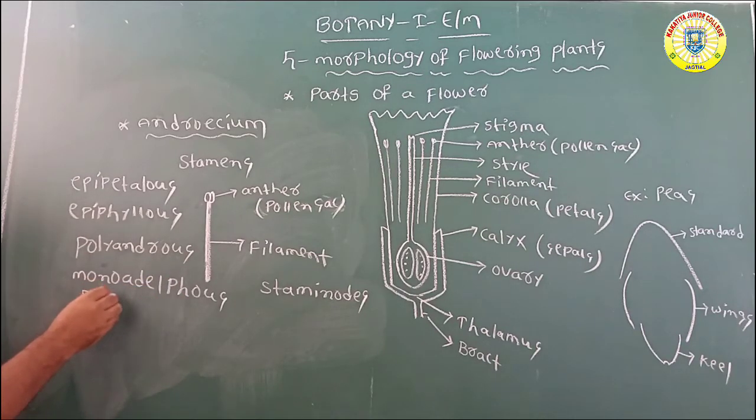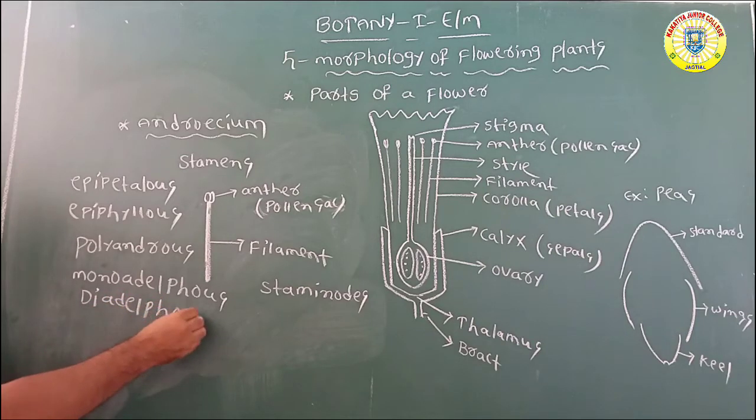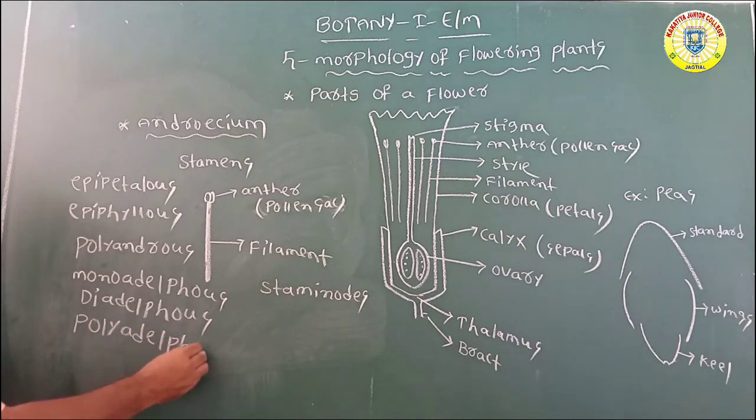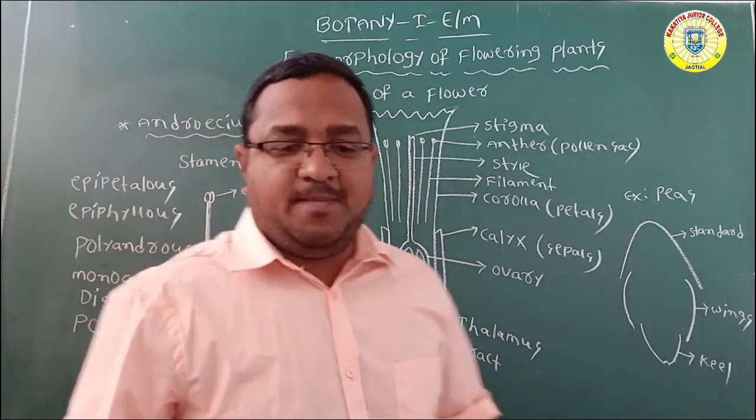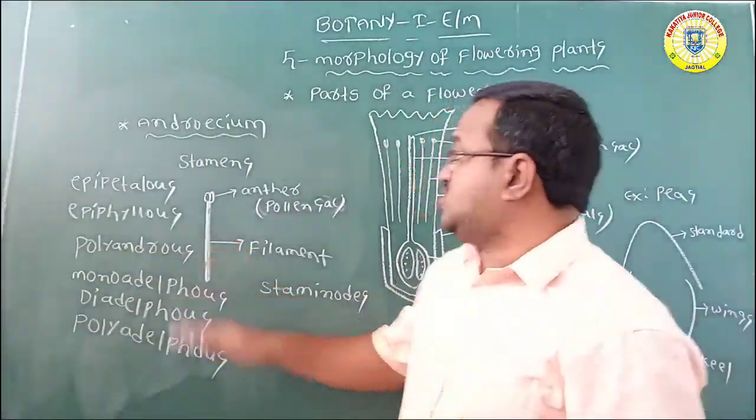Two bundles means diadelphous. More than two bundles means polyadelphous. So this is the complete information about the androecium.